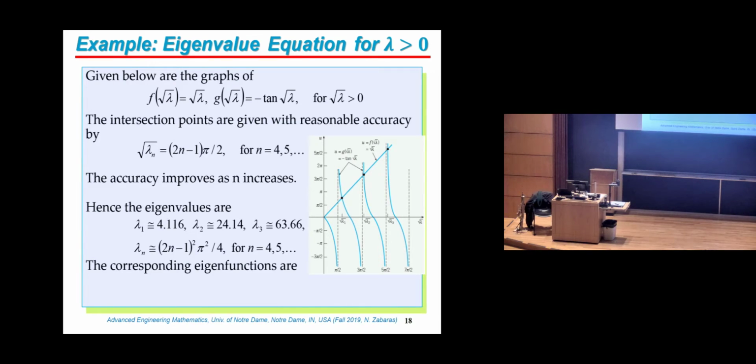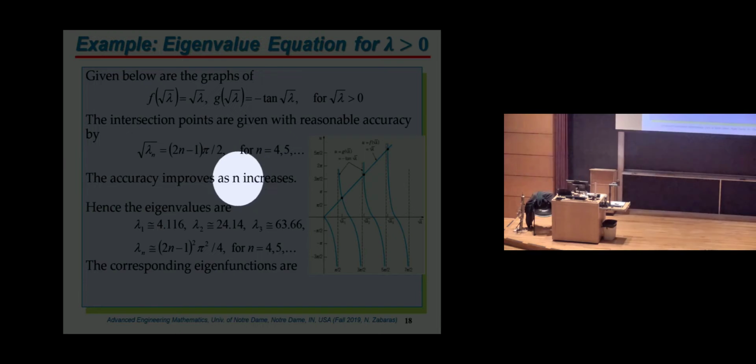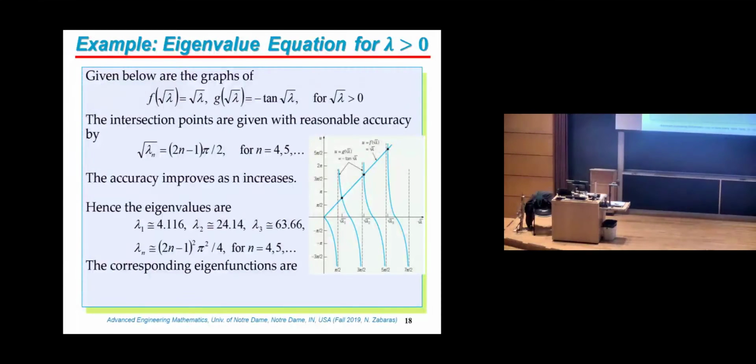The first three eigenvalues will be inaccurate if you try to generalize and use the big formula that I have below. But lambda 1, lambda 2, lambda 3 are given by these numbers. And lambda n, for n equal 4, 5, etc., is approximately (2n minus 1) squared, pi squared over 4. Approximately.